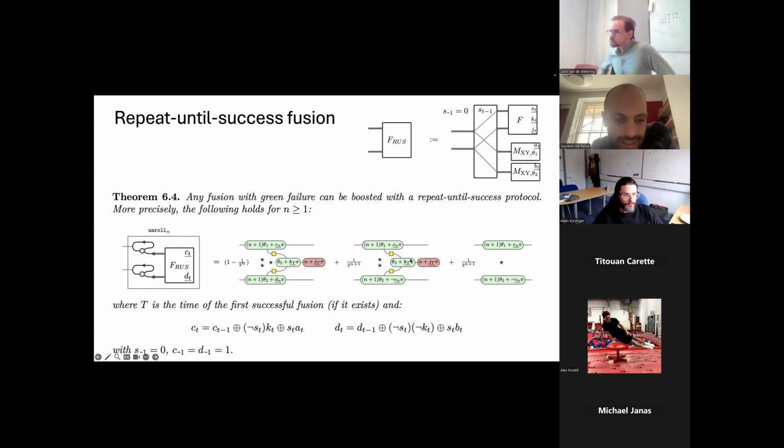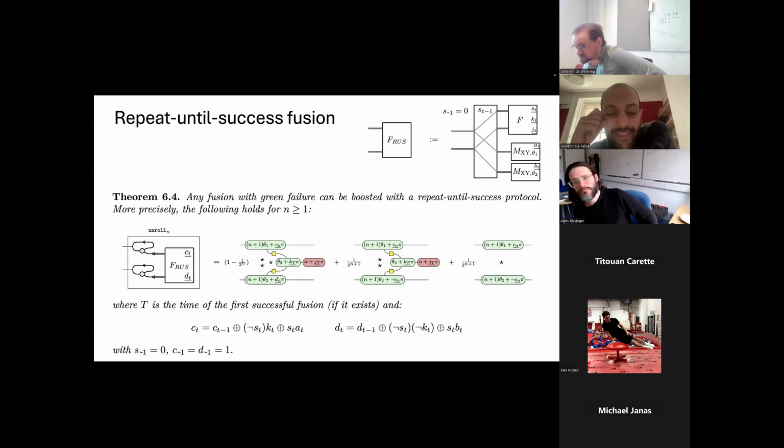This entangling operation will depend on what measurement outcomes you got in the process. And this middle one in particular is very unlikely, like it's 1 over 2 to the n plus 1, the probability of this. It's basically the case in which you've tried n times and then only the last time it succeeded. And in this case, you get a different error than in all other cases where it succeeds. And that's why there are two different diagrams, because they have different normalization factors.